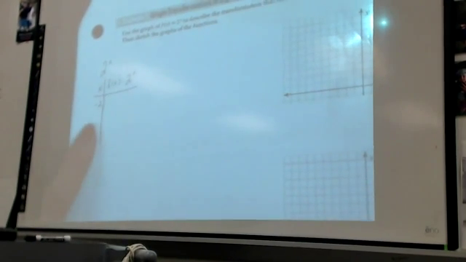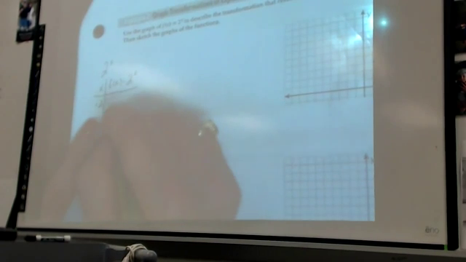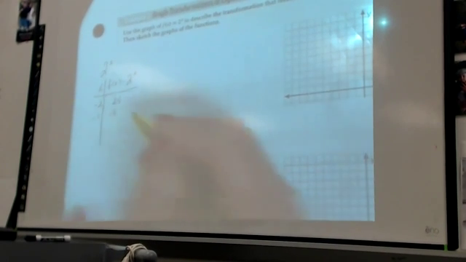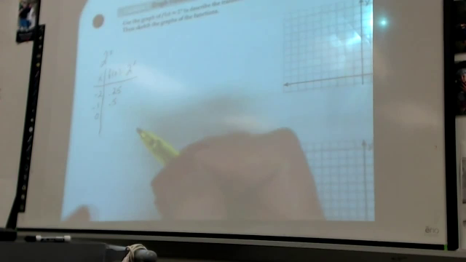2 to the negative second power. That would be 1/2 squared. That would be 0.25, right? 1/4. Negative 1. 2 to the negative first power would be 1/2 to the first power, which would be 1/2 or 0.5. 2 to the 0 power would be what? 1.